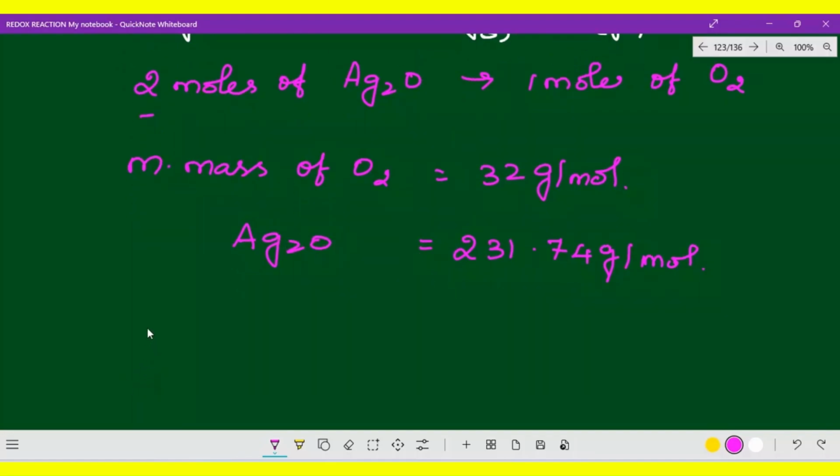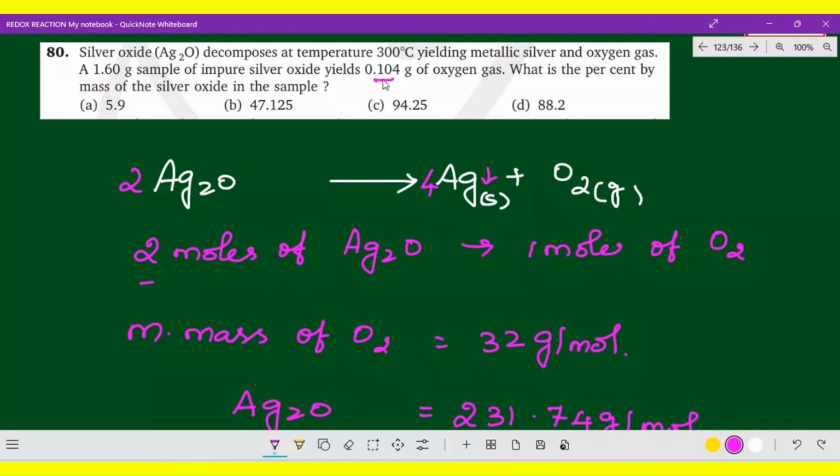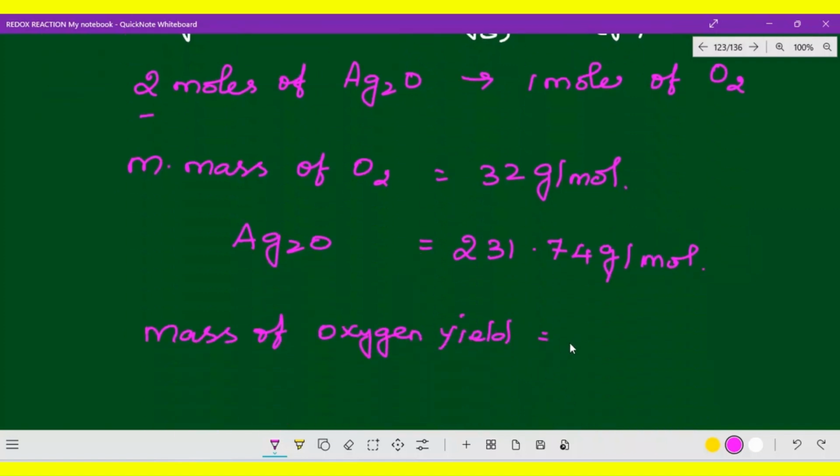Now mass of oxygen yielded. How much has the question given? 0.104 gram of oxygen gas.